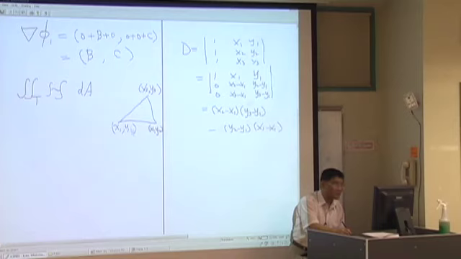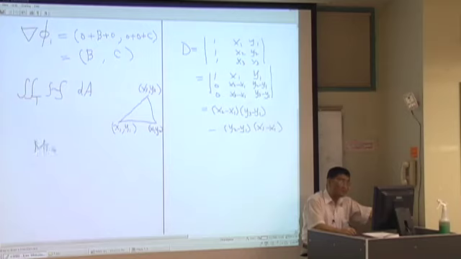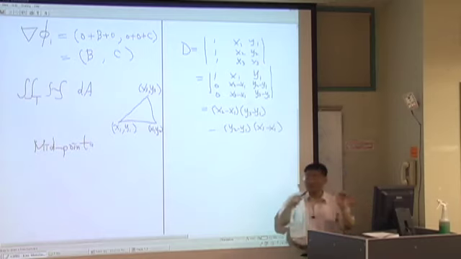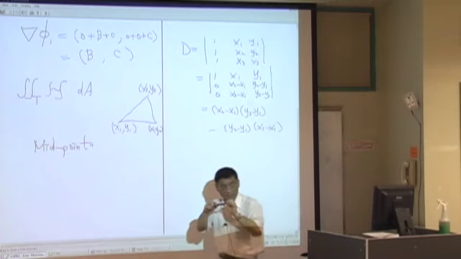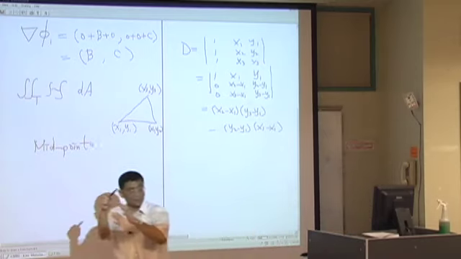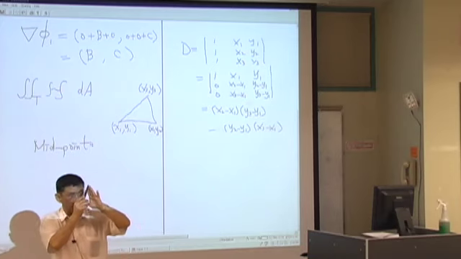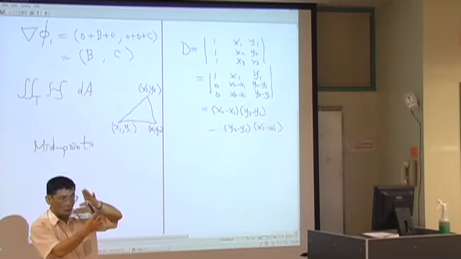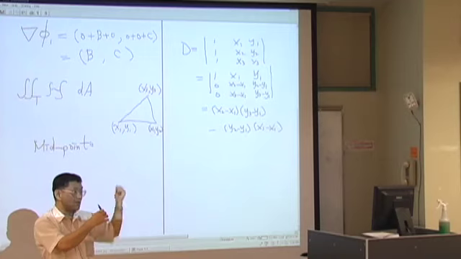I will not prove it today, but I will write the midpoint rule to find this, right? You know about the midpoint rule in one-dimensional integration. In one-dimensional integration, using the midpoint, we can find the integral. Similarly, inside this triangle, using the midpoint, we can evaluate the integral.